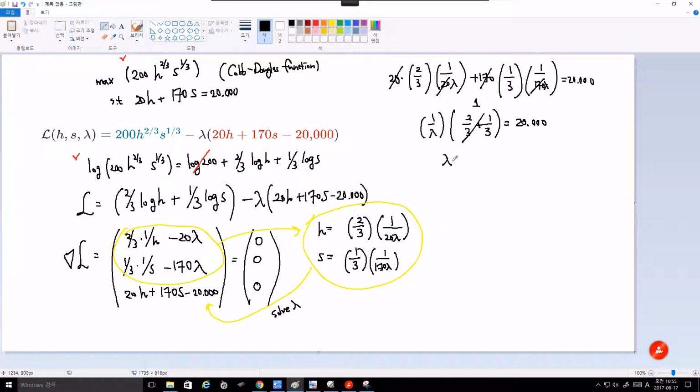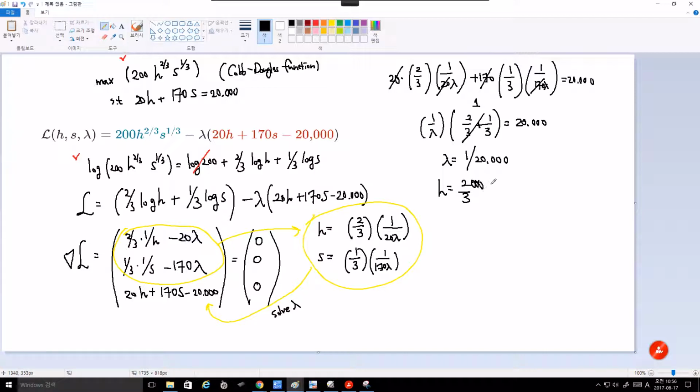So lambda in this case is 1/20,000, right? So H equals 2/3, and then if you plug this over here, then 20,000 gives 1,000, right?